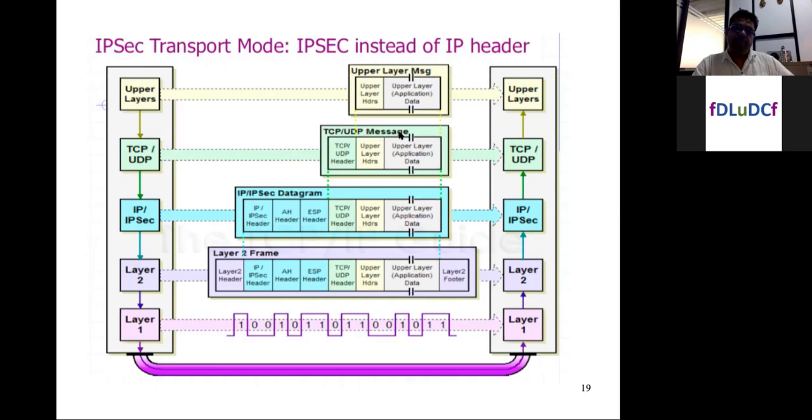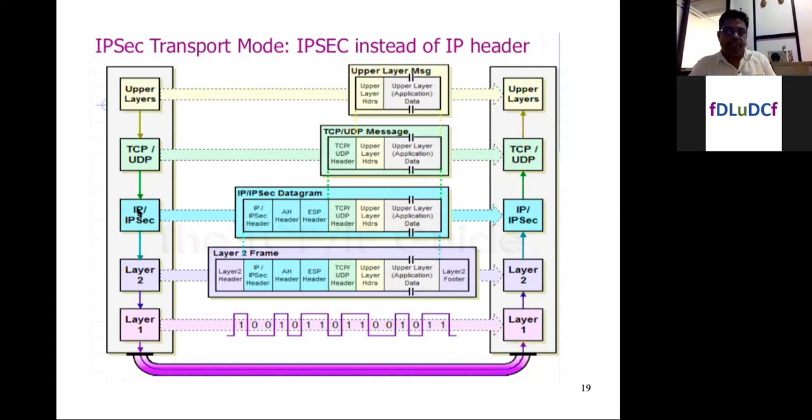That packet is then passed to the IP layer. In a typical TCP/IP stack, this IP packet goes to the data link layer and further to the physical layer, and is transmitted through the network to the other end.